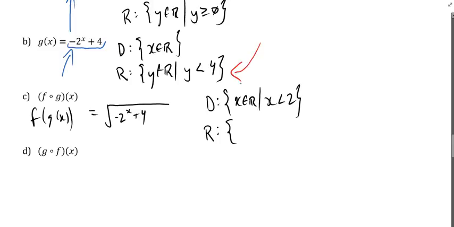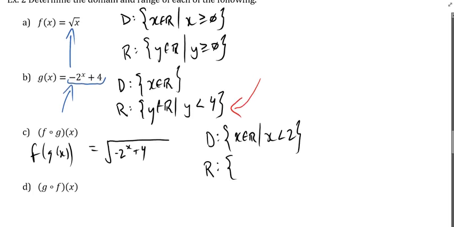The biggest number I can get is 4. Less than 4, but let's say 4. Based on the range of g, that's the biggest output I'm going to get. My output of g is my input for f. So when I take the square root of 4, I get 2. So the biggest number I could possibly get is 2 or just under 2, right?